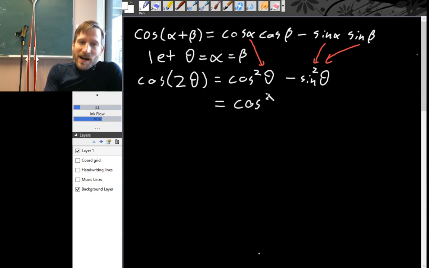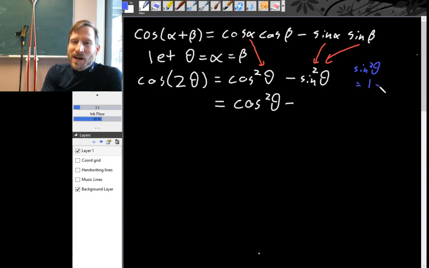Let's start by changing this sine squared. Now remember, the Pythagorean identity for sine and cosine, we can rearrange it to figure out that sine squared theta is 1 minus cosine squared theta.